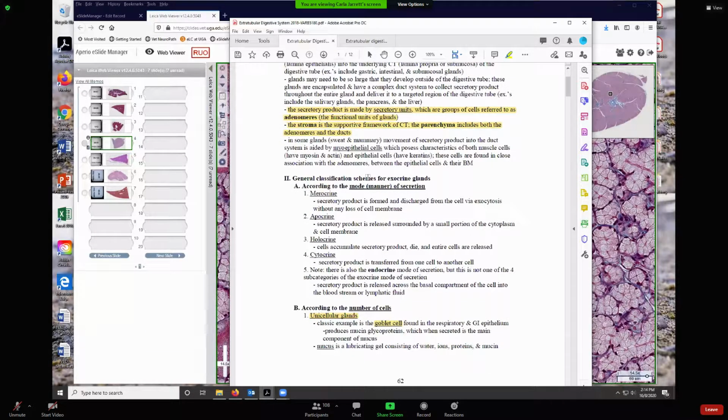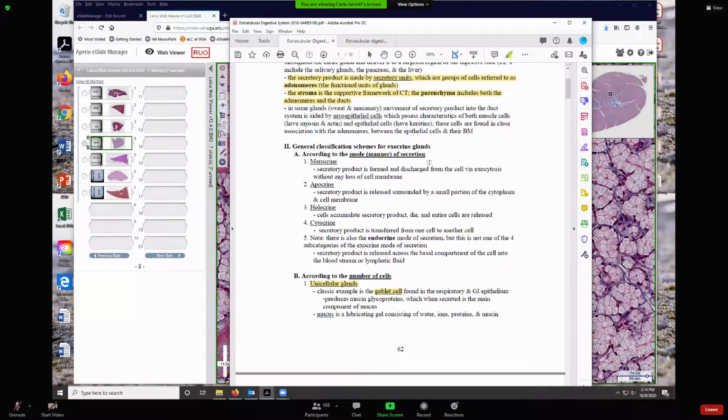Now, moving down to the general classification scheme for exocrine glands. This is kind of coming a little early in the course. We've got exocrine glands and we've got endocrine glands. And for exocrine glands, their mode of secretion has four subtypes: merocrine, apocrine, holocrine, cytocrine.